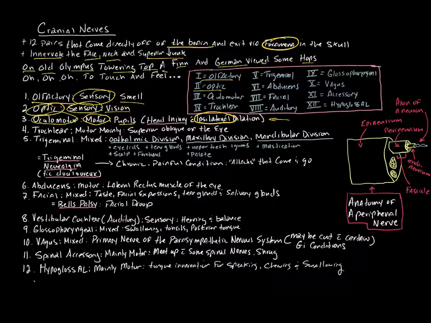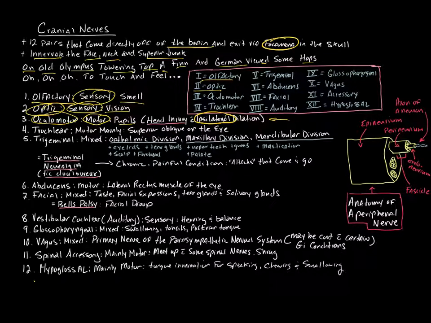So if somebody has damage to, say, the motor cortex in the left side of their brain, they will likely have a deficit to the right side of the body, and that is known as a contralateral deficit, right? Does that make sense? So you have contralateral and ipsilateral deficits, but oculomotor nerves tend to be ipsilateral.